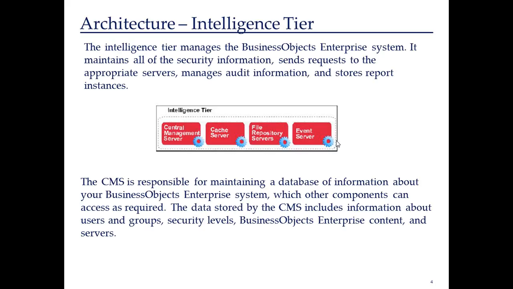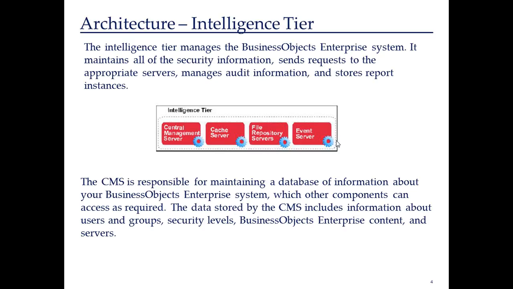So whatever user ID and password that you pass through your application tier, it's going to send it to your central management server. And what is the central management server going to do? It has to check whether the entered user ID and password is correct or not. But how is it going to check?